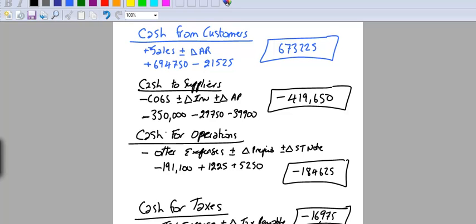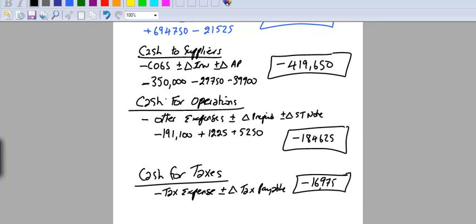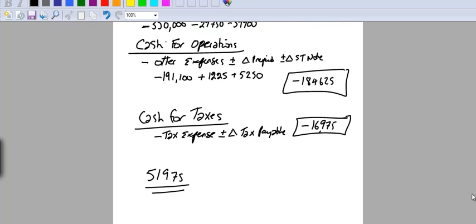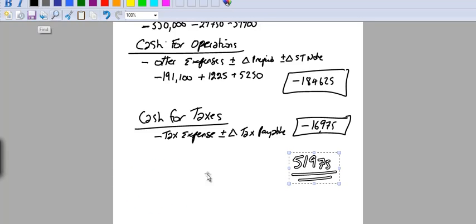I'm going to add 673,225, subtract 419,650, subtract 184,625 and 16,975. I don't have to go chasing around anything because I have now balanced my operating activities in the direct method.